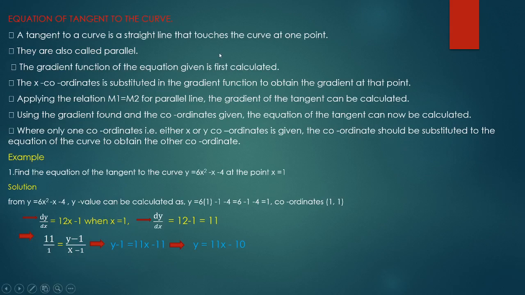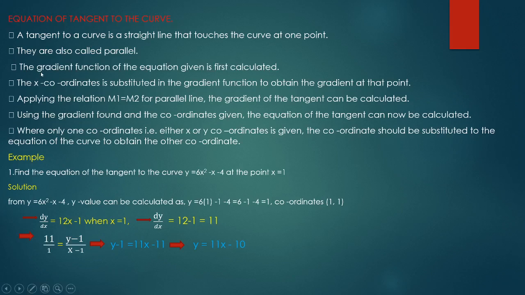That means the gradient of the tangent at that certain point is the same as the gradient of that curve at that point. The gradients will be equal. That is when we talk about parallelism, if you remember our Form 2 work.